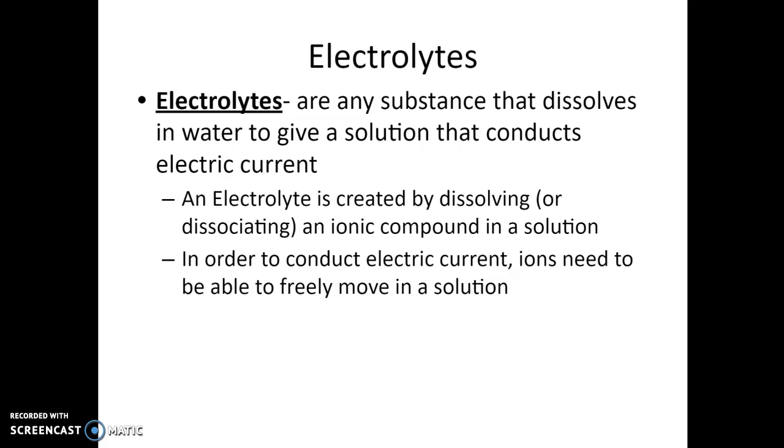So an electrolyte is only ionic compounds. There are covalent compounds that can sometimes mimic this effect, but they are not electrolytes. Things like sugar, all that stuff, that is actually not electrolytes.